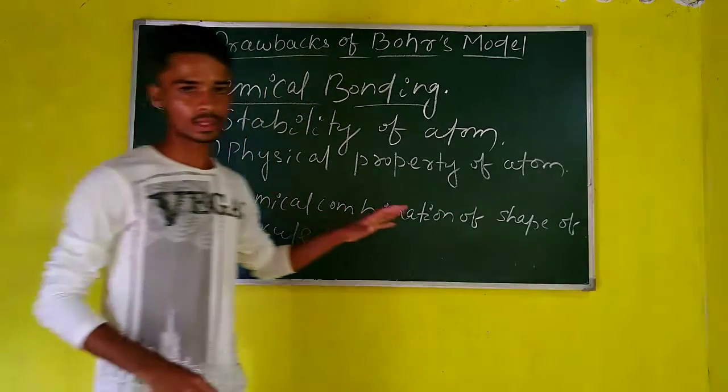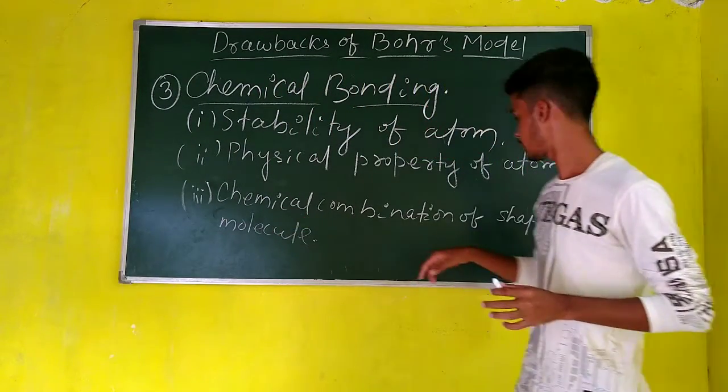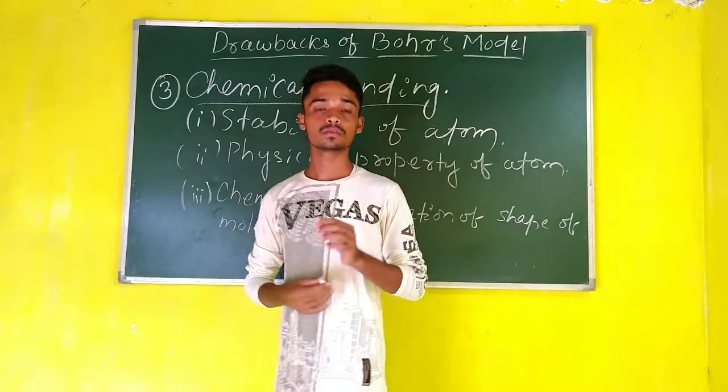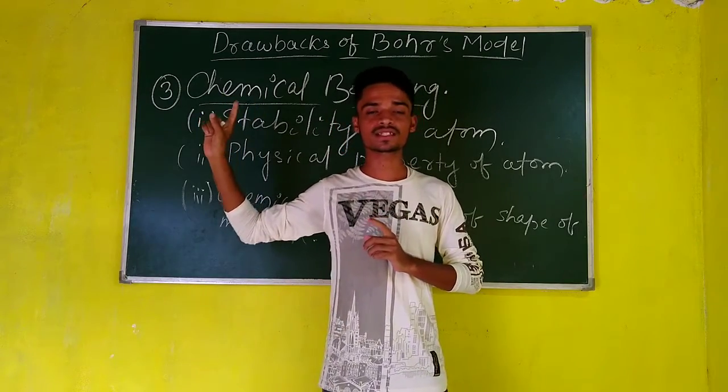What is the shape of a molecule and what is the chemical combination of the shape of a molecule? About this, Bohr cannot give a single view. This is the third drawback.